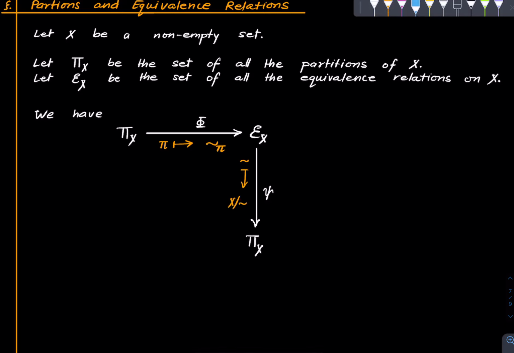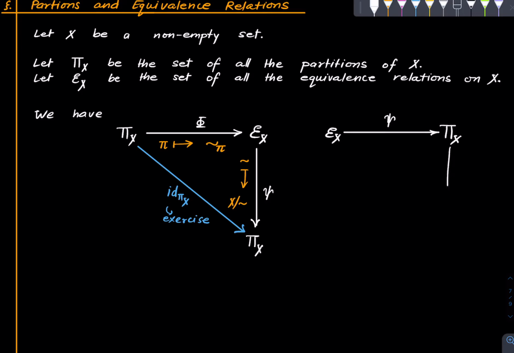And now here is your exercise. Show that this is the identity on the set of partitions of x. So this is an exercise, and similarly the other direction. You also have to show that this map, which is psi, and this map, which is phi, this composition is also identity.